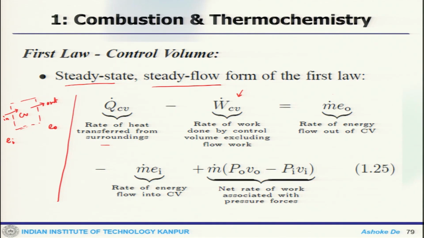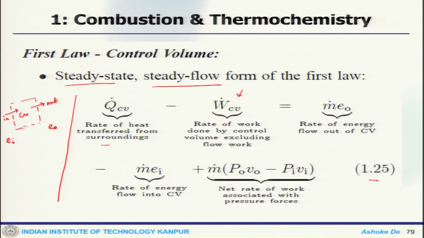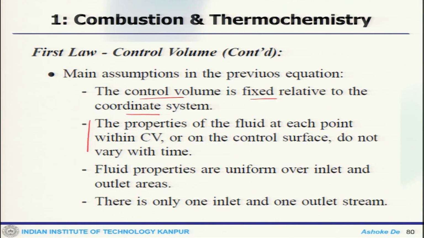There are certain assumptions associated with these particular equations. One important assumption is that the control volume is fixed relative to the coordinate system, that means it is not moving, it is fixed in space. Then the properties within the control volume are not varying with time, and that is why we assume it is steady state.